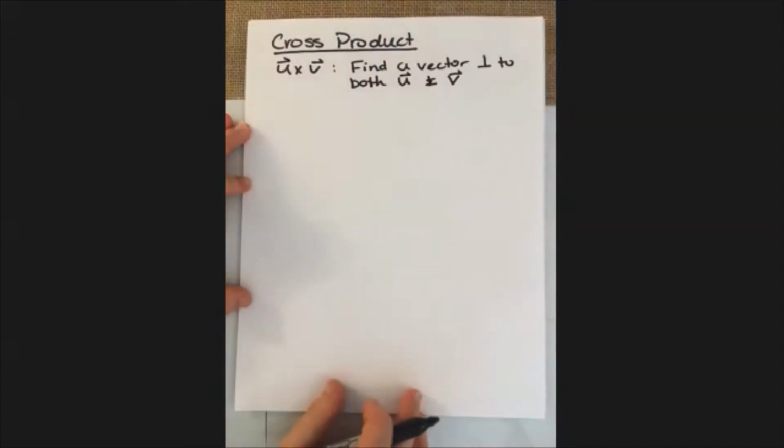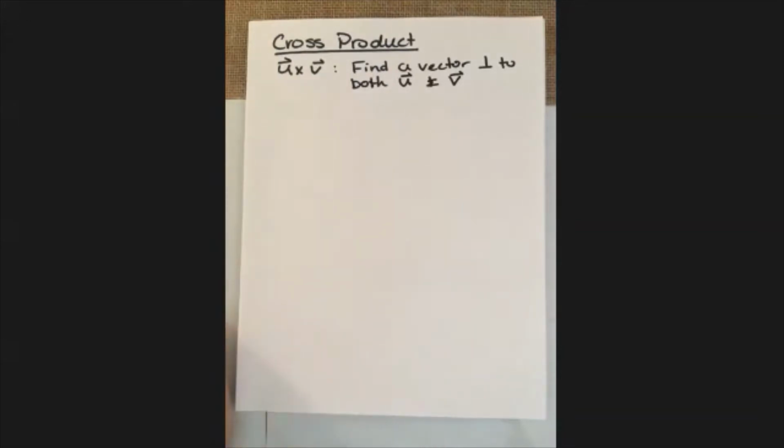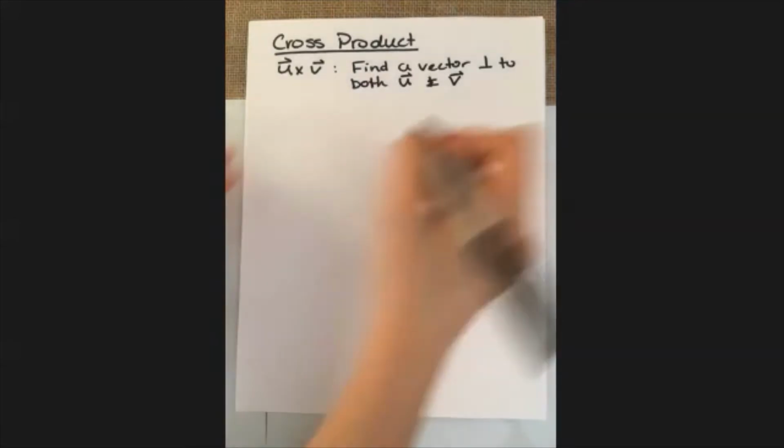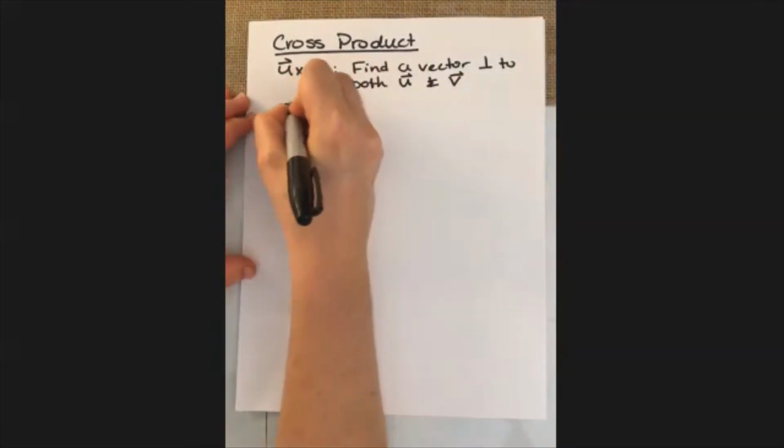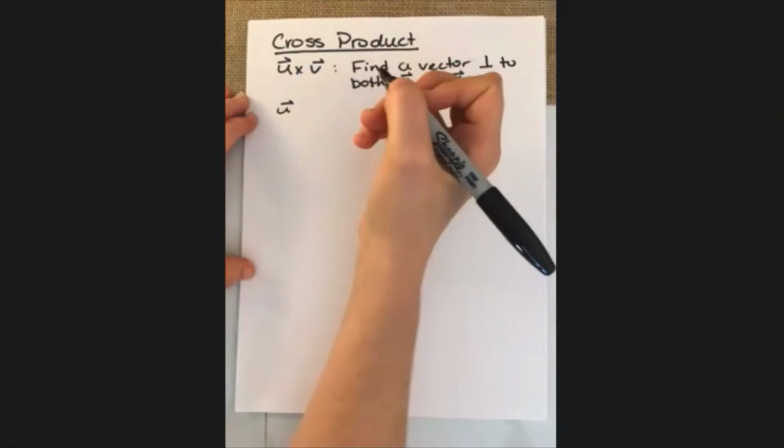And the way to compute it is actually going to be based off of what we did in our previous videos with the determinant. And in order to use this, I'm going to go ahead and write our vectors using that alternative notation with the i hat, j hat, k hat.